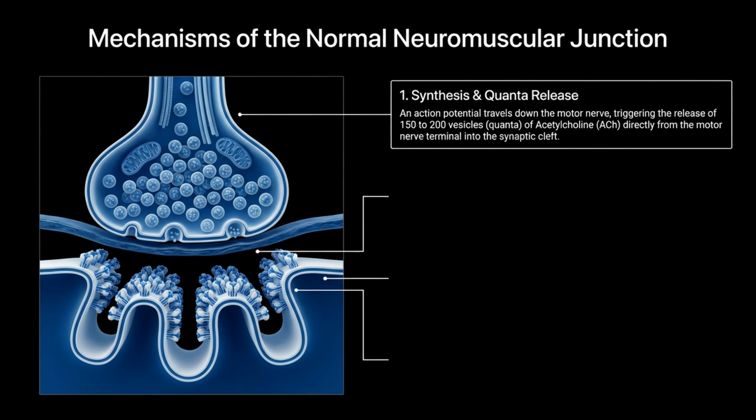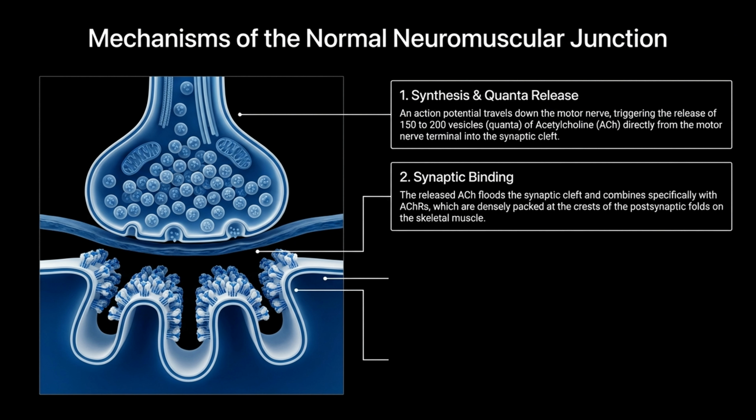At the neuromuscular junction, acetylcholine is synthesized in the motor nerve terminal and stored in vesicles, also called quanta. When an action potential travels down a motor nerve and reaches the nerve terminal, ACH from 150 to 200 vesicles is released. This ACH then combines with AChRs, which are densely packed at the crests of postsynaptic folds on skeletal muscle.